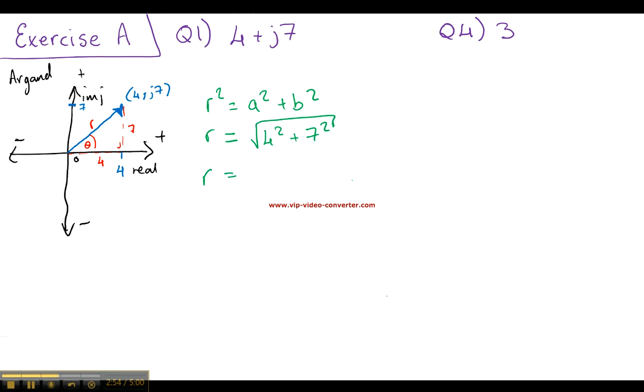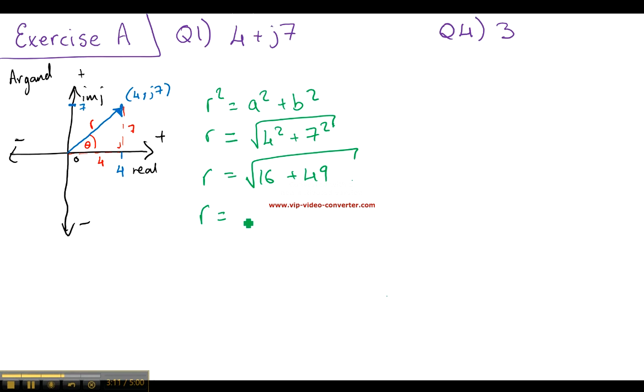So r is going to equal the square root of 16 plus 49, which is the square root of 65, so r is roughly 8.06.